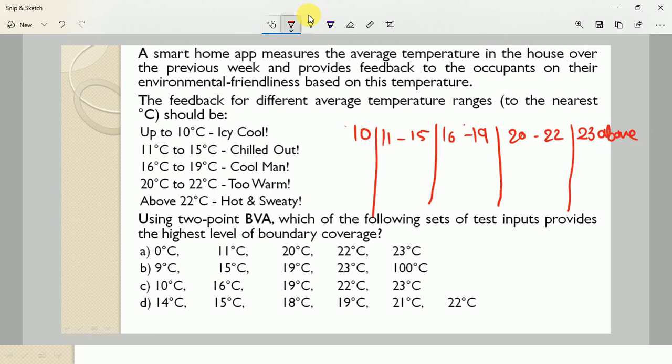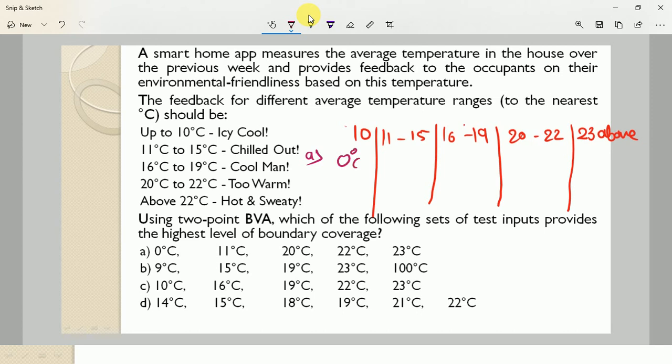If you go for the options, you need to calculate which of the following sets of test input provide the highest level of boundary coverage. You need to focus on these boundaries. Option A: 0 Celsius comes here, up to 10, no?